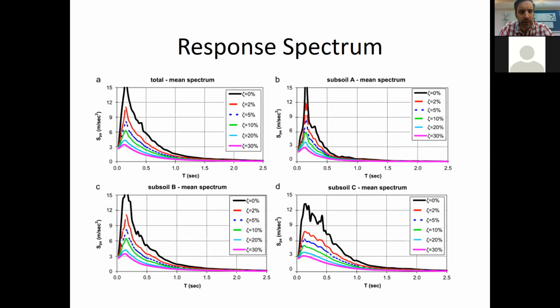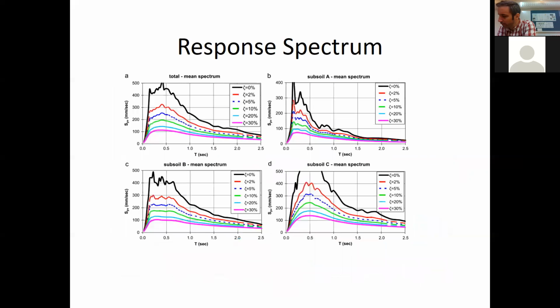And as you can see, at least in this curve that I'm showing you now, maybe it's easier to see here, there are different levels of damping. So a structure with zero damping will have the black response. So the vibration is very large, while a structure that has 30% damping, which is unbelievably large for a structure, will have a much smaller response.